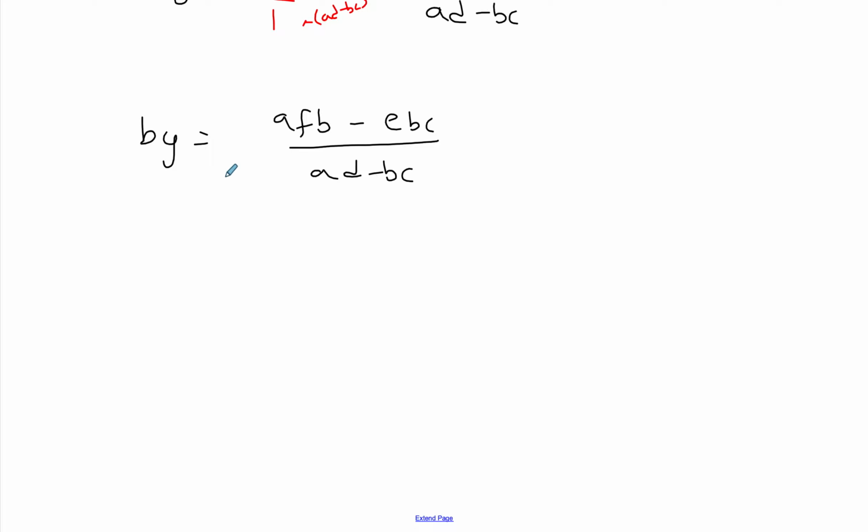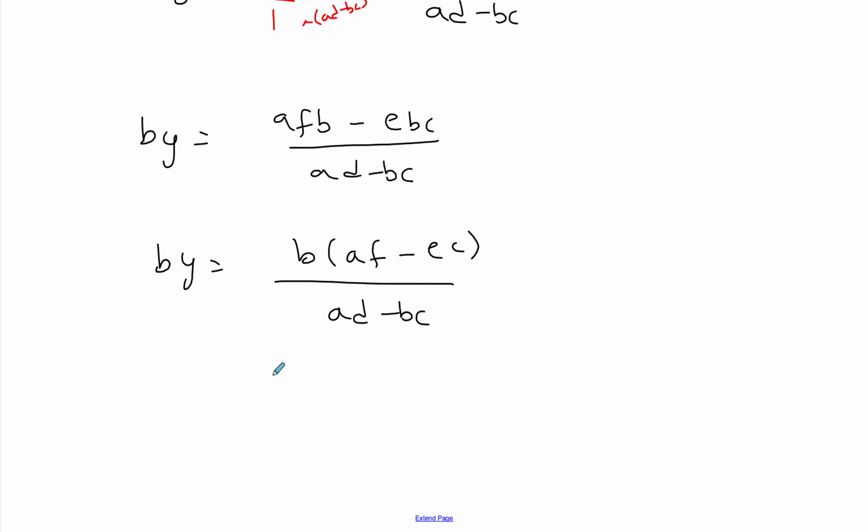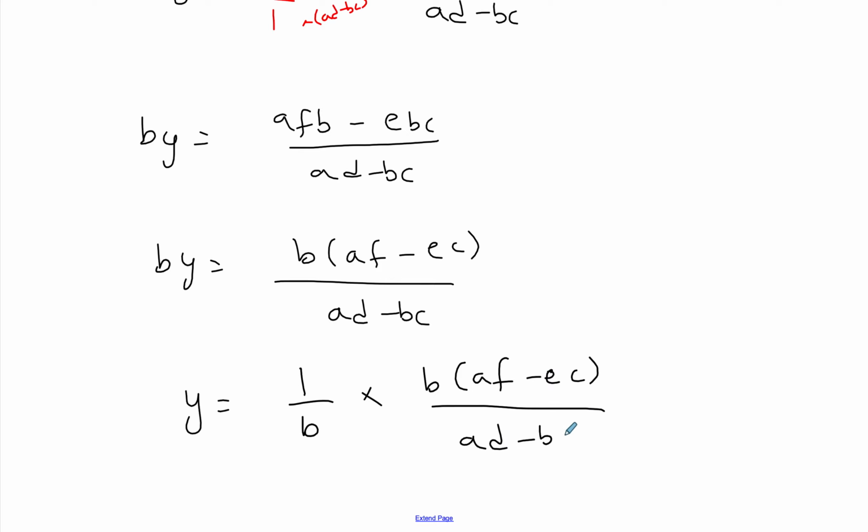Now, this can simplify. I can take a factor of b out, so I have af minus ec divided by ad minus bc. And then I need to get rid of this b, so I'm going to divide by b on the other side.